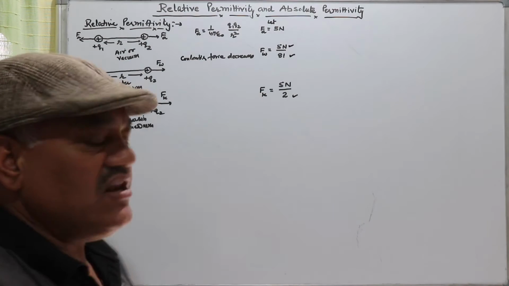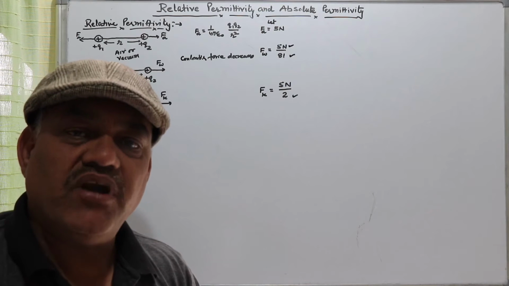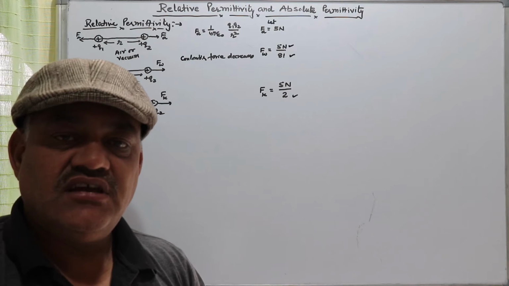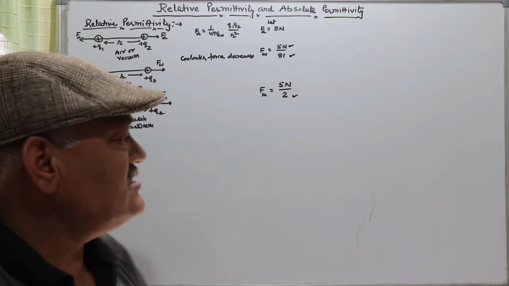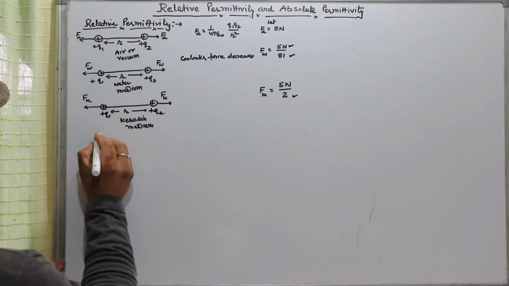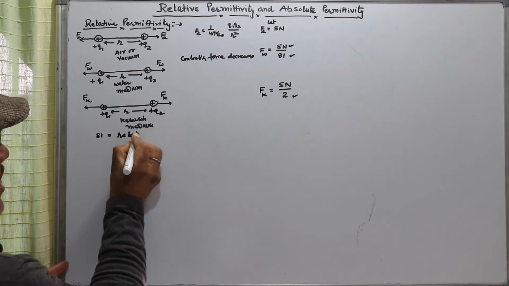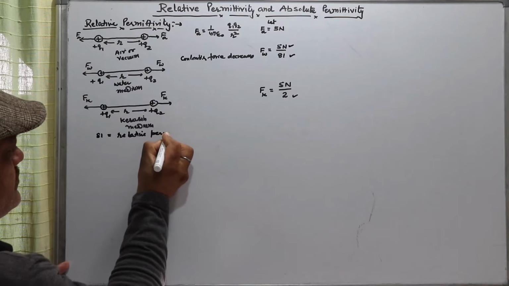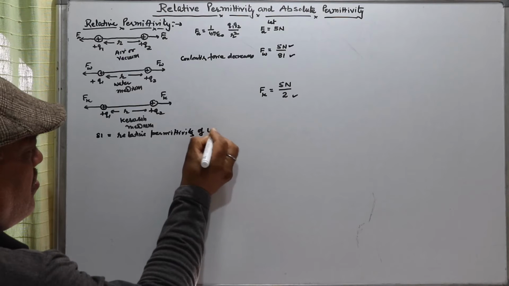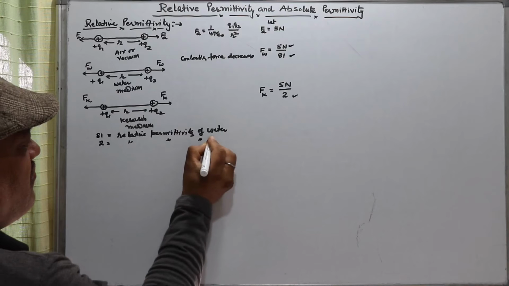And both these values, 81 for water and 2 for kerosene, are constant at a particular temperature. And these two values are called relative permittivity. Where 81 is equal to relative permittivity of water. 2 is relative permittivity of kerosene.